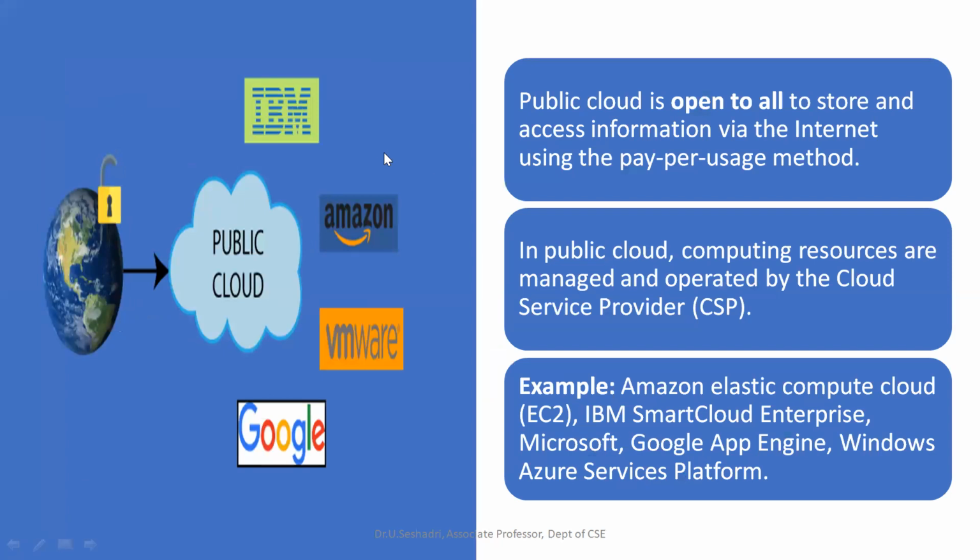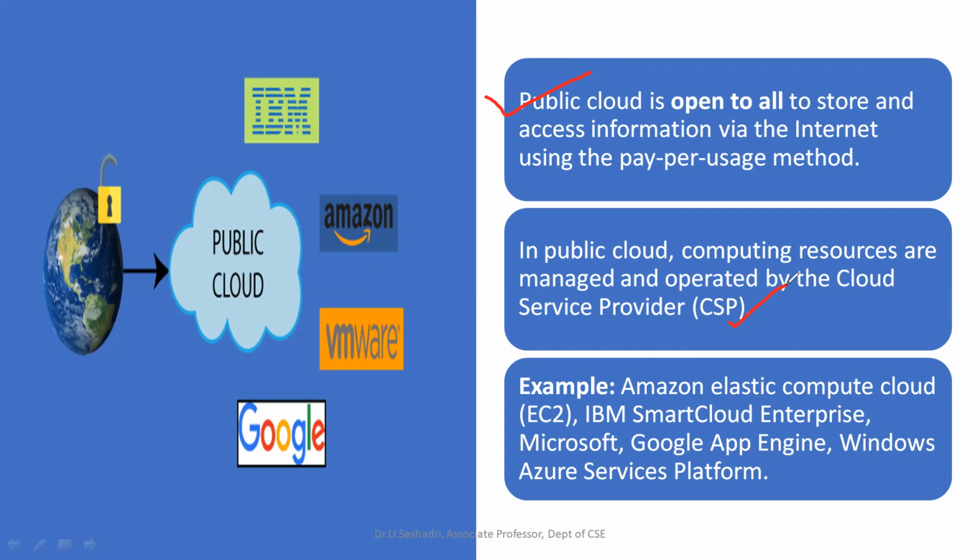The public cloud is open to all to store and access information via the internet using the pay-per-usage method. In public cloud, computing resources are managed and operated by the cloud service provider. Who has to manage, who has to operate? The cloud service provider.